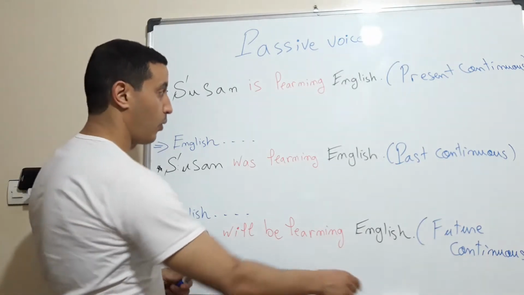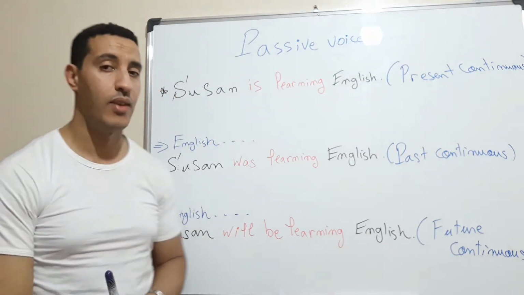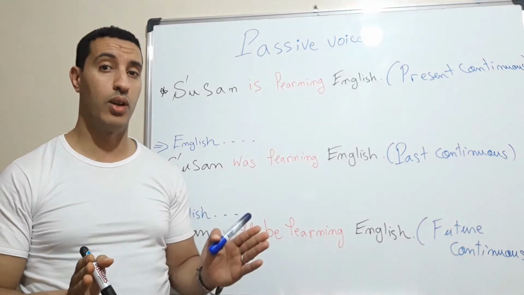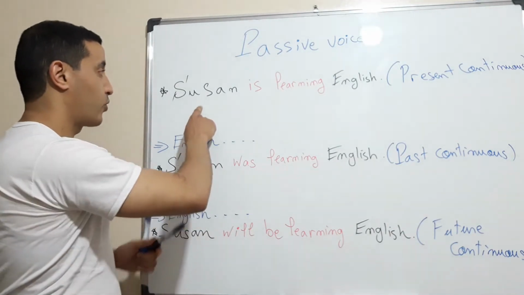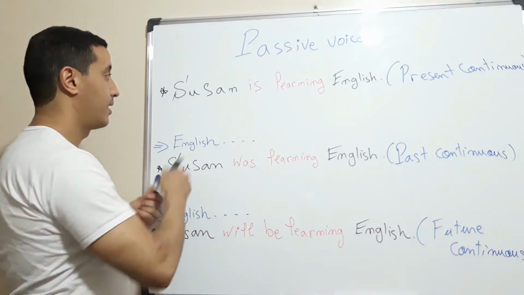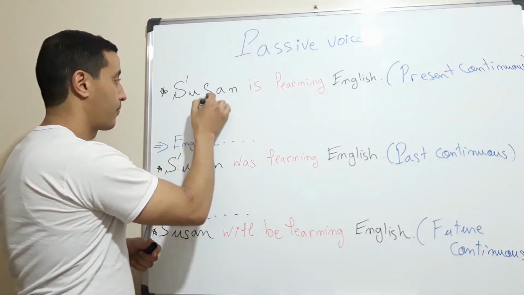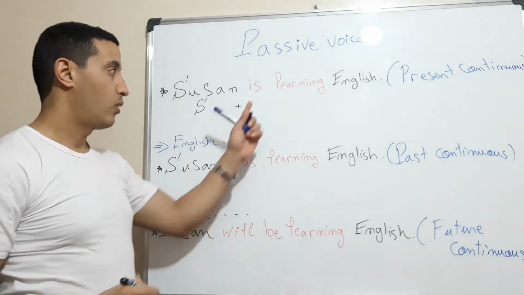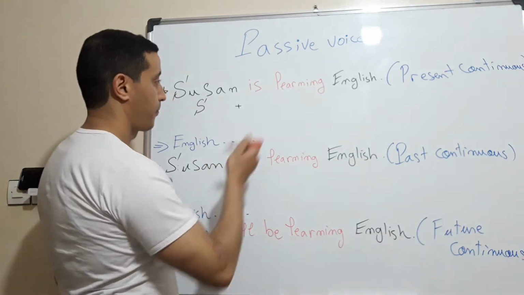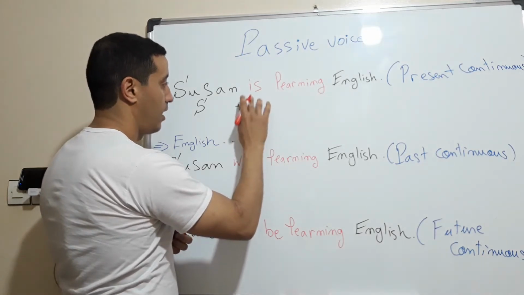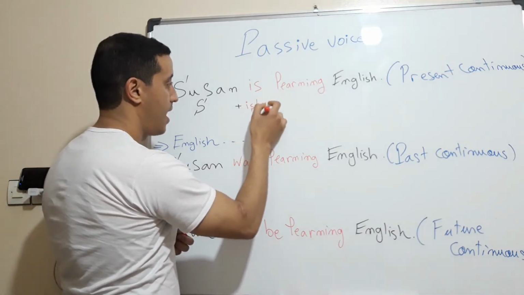So here, if I want to change a sentence into the passive, first we have to know the rule of the active form. So here we have Susan, and Susan is the subject. Plus, we have the verb to be in the present, is, and are, and am.